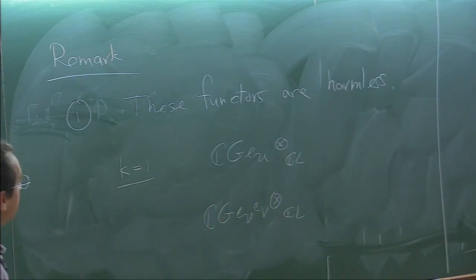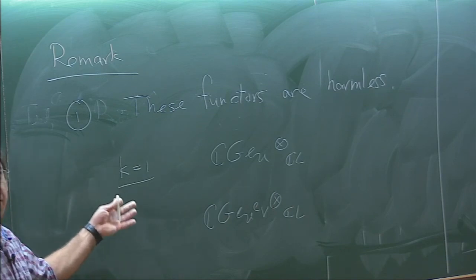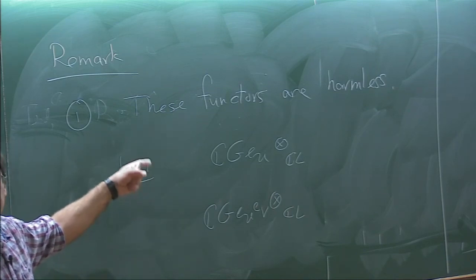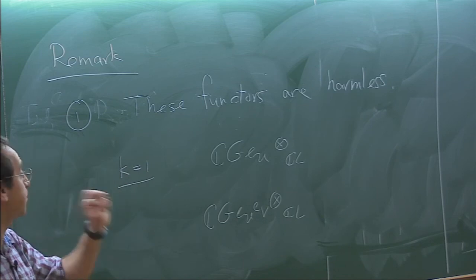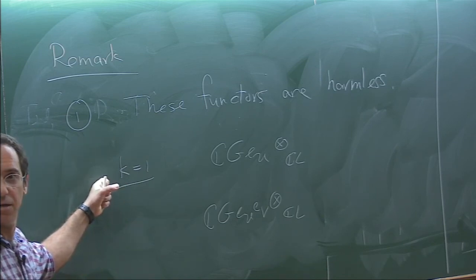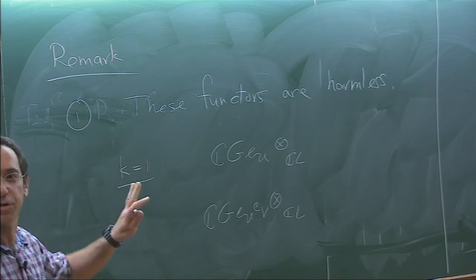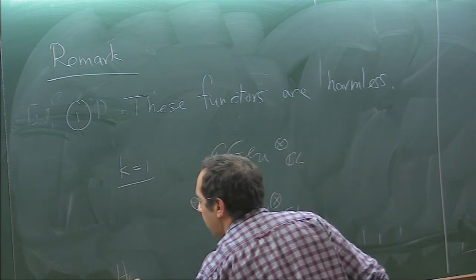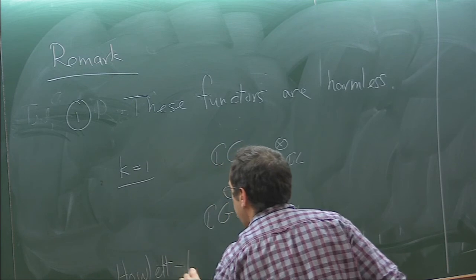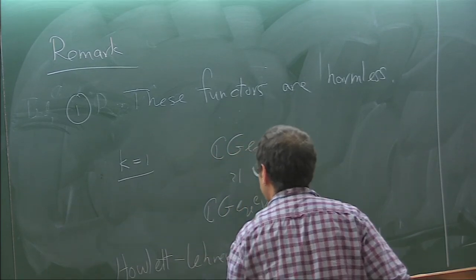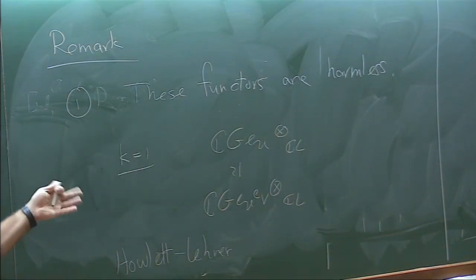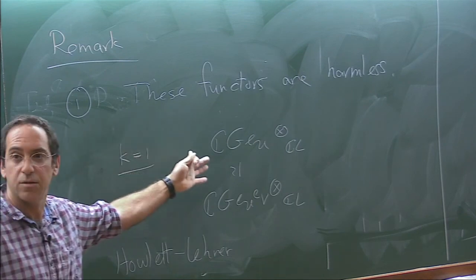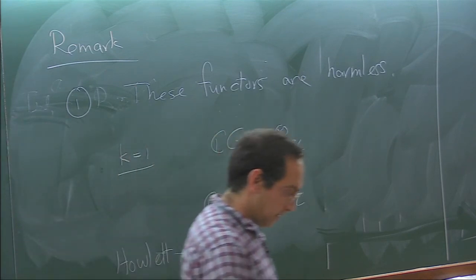So it's good to know that there's a theorem by Howlett and Lehrer that says that these two functors are isomorphic for the special case of K equals 1. So no harm is done for the known case. So this is a theorem: these are isomorphic by Howlett and Lehrer. They looked at something else, but one can translate what they did exactly to this result.